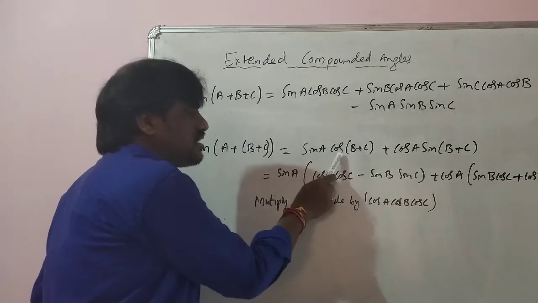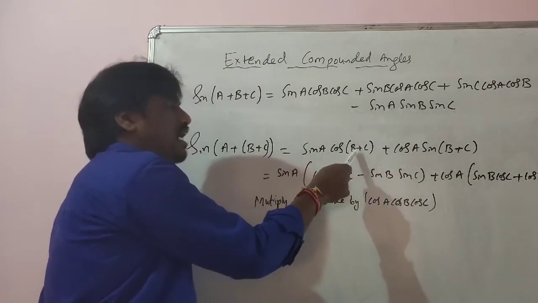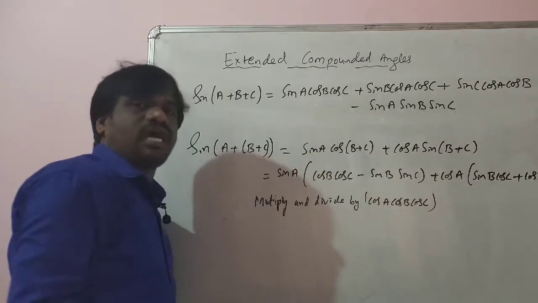How did we get here? I applied the cos a plus b formula, with b in the place of a and c in the place of b.